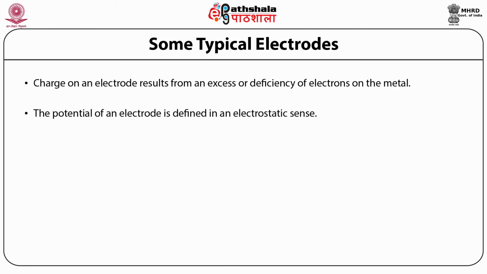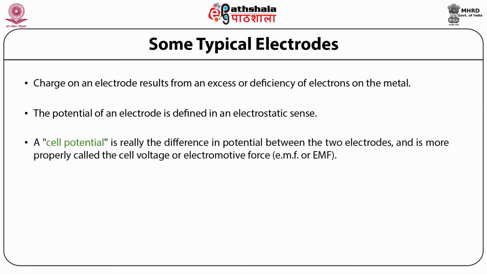In relative measurement, we often use the term potential of an electrode when we mean the potential difference relative to an arbitrary standard reference electrode. Likewise, a cell potential is really the difference in potential between the two electrodes and is more properly called the cell voltage or electromotive force, and it is designated as E cell.